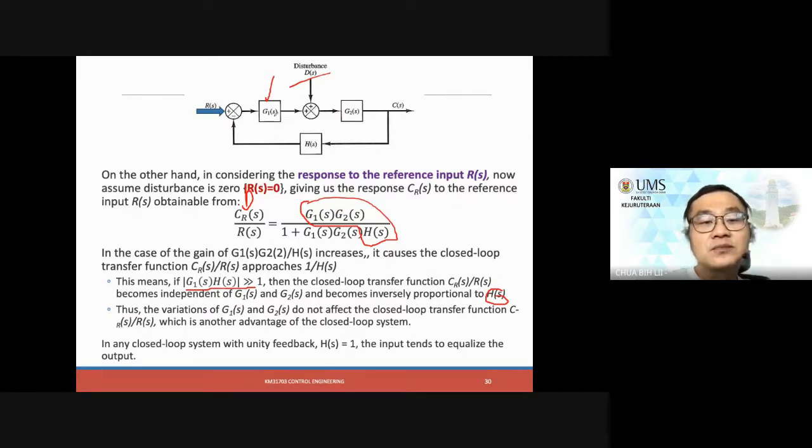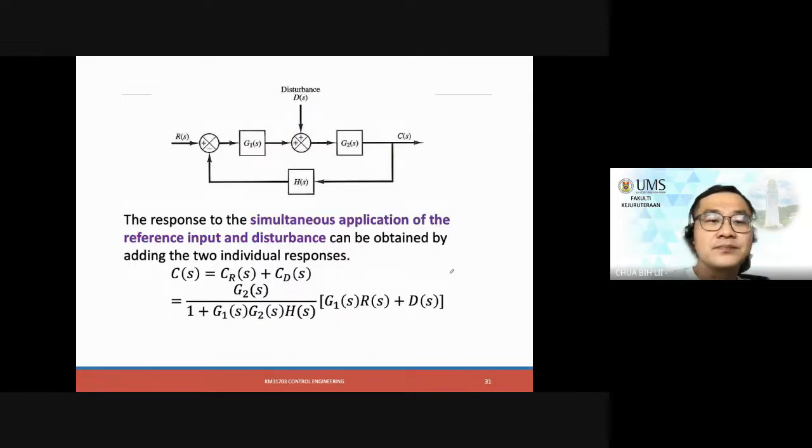Therefore, from these two multiplications, it would be much greater than 1. Normally this transfer function is our controller. This is where we would like to control our system such that our closed loop system is stable, as well as it can minimize the effect of disturbance to our system. Right, so this is the benefit of having a closed loop system.